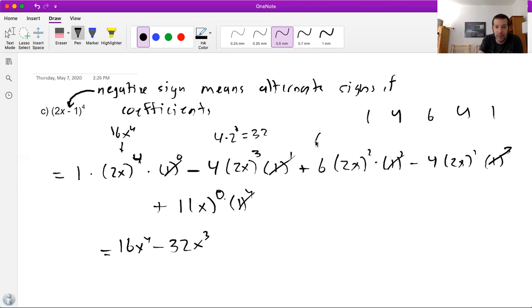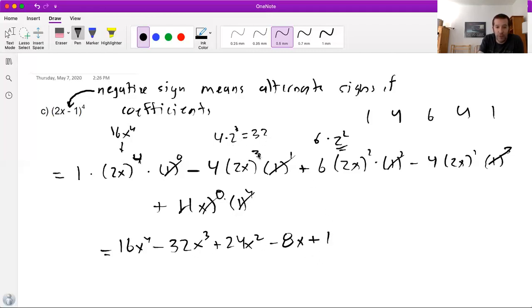Coefficient here is 6 times 2 squared. So plus 24x squared. That went down by 1 like I hoped it would. This is 4 times 2 to the 1st, which is actually just 4 times 2, which is good. So that's just 8x. And then the last term is 1 times 1 times 1, which is just 1. So this expansion looks like this.